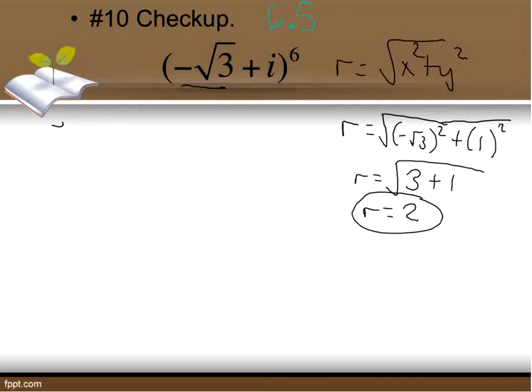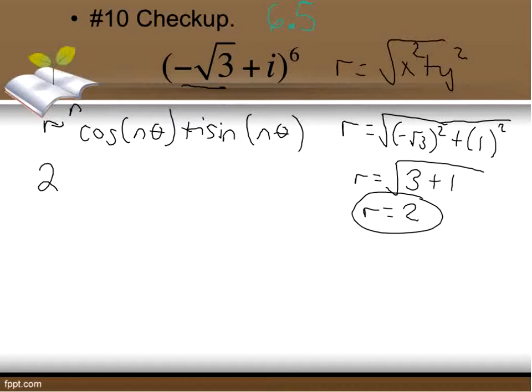So let's remind ourselves of our formula. It's R to the n cosine n theta plus i sine n theta. We just found that my R was 2. And looking up at my problem, can you find my n in my problem? What's my n?